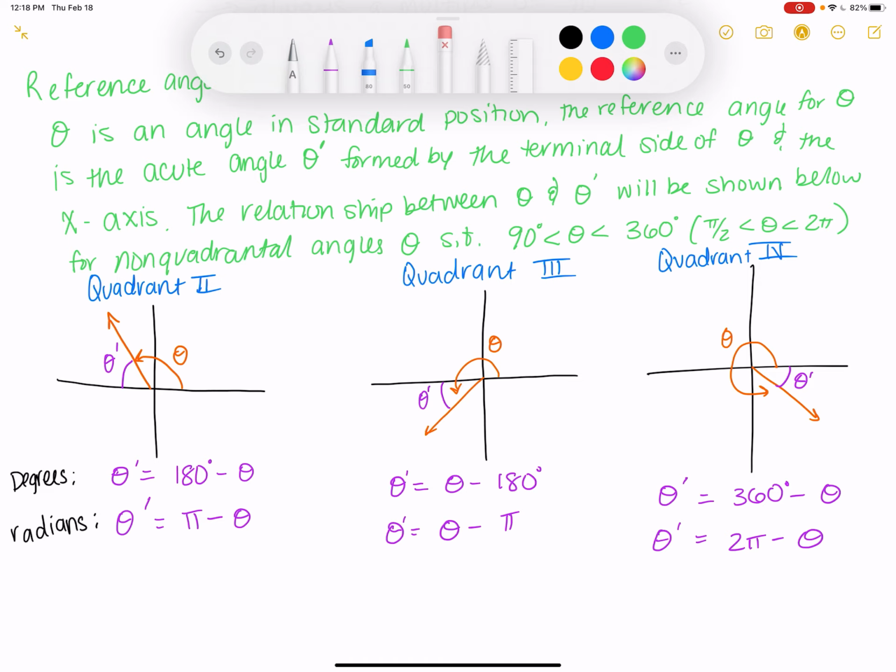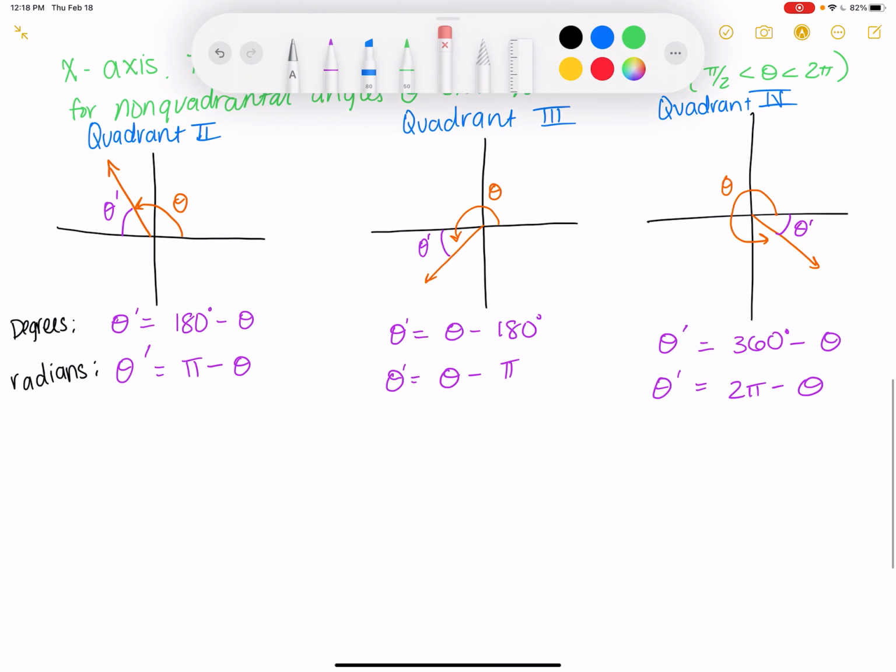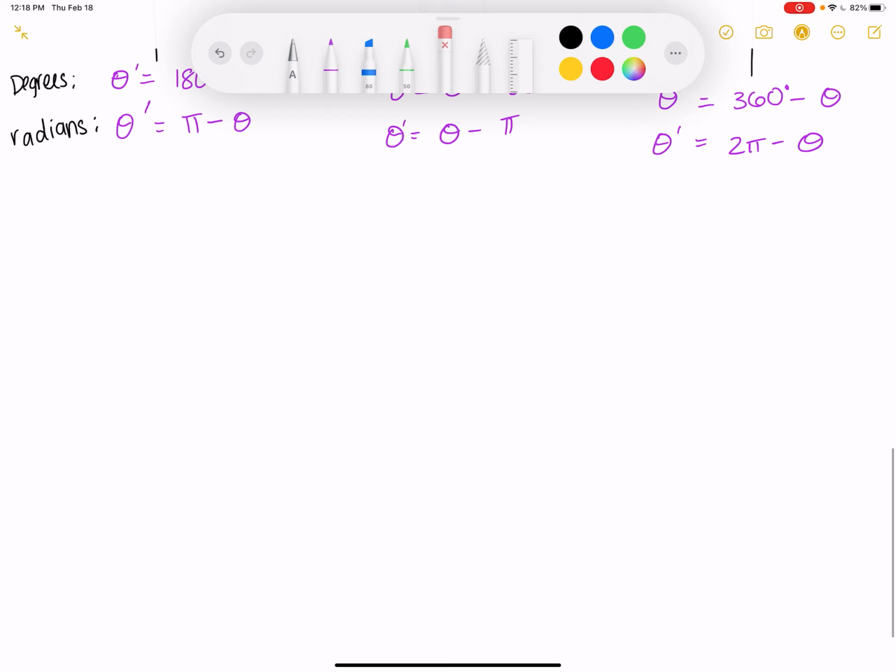So, the last thing here is evaluating trig functions.